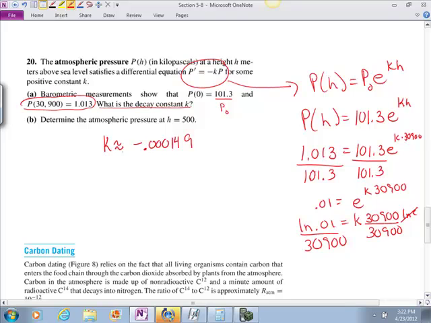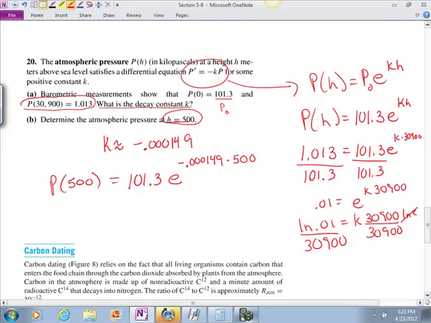And so then if you want to know the pressure at h equals 500, P of 500 will just be P naught, which was 101.3, e to the k, which we now know is negative 0.000149, times h, which is the 500.